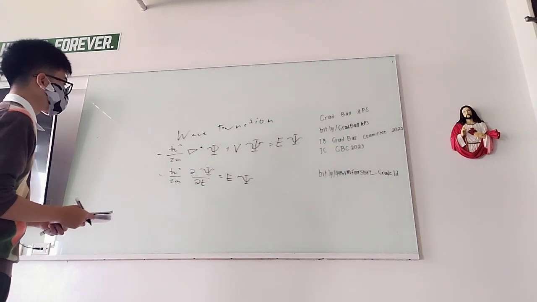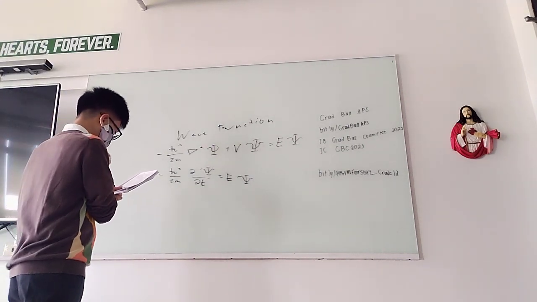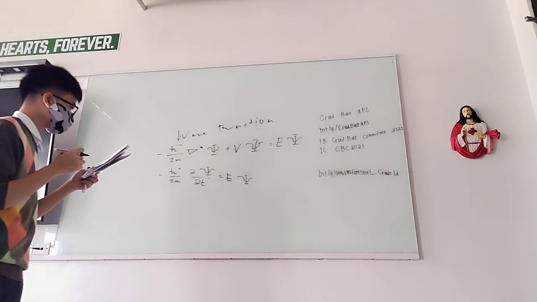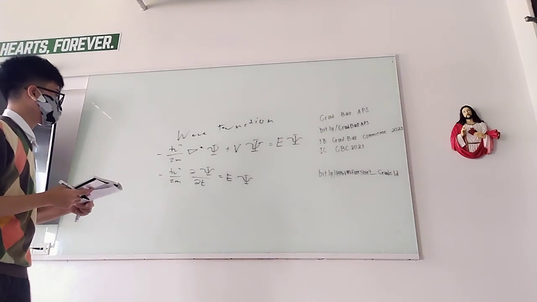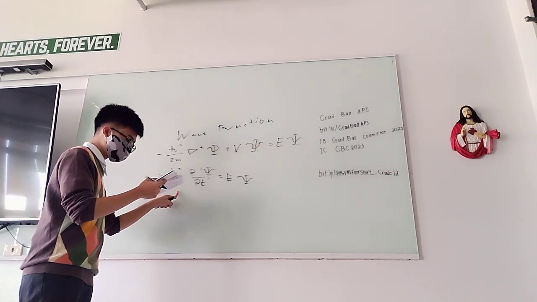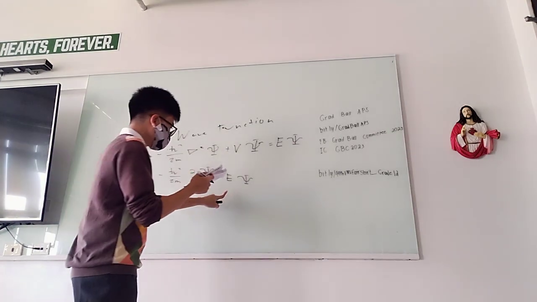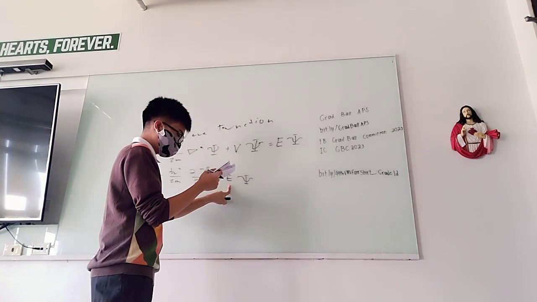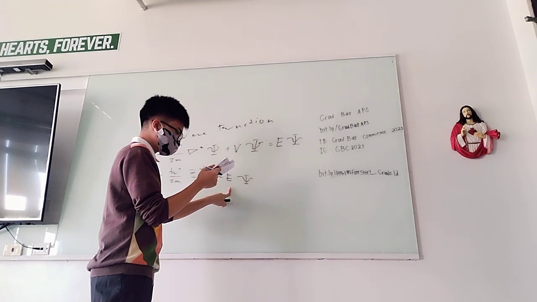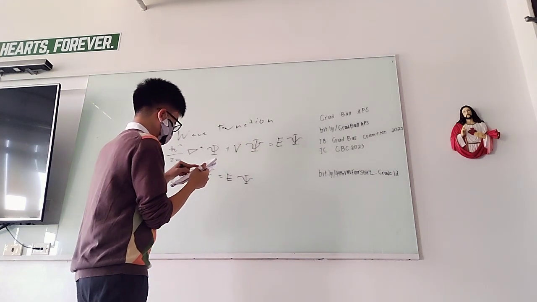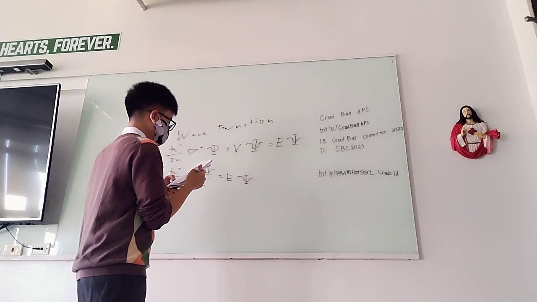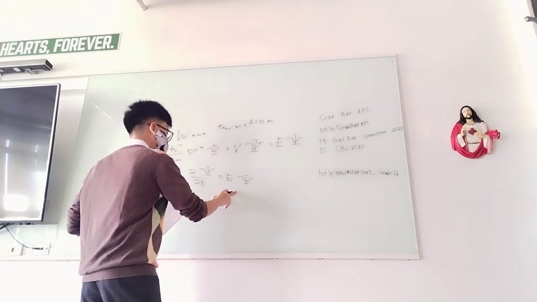Now another form of this equation is the time-independent Schrodinger equation. So this is the Schrodinger equation, but another form of it is the time-independent one. E here is our energy operator, and it is in the form of i h times the time derivative of this.